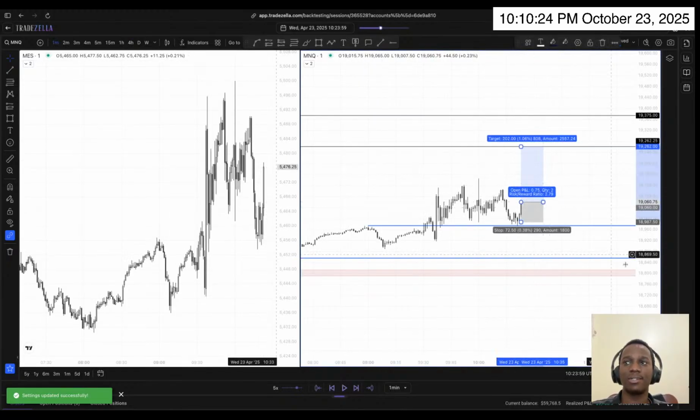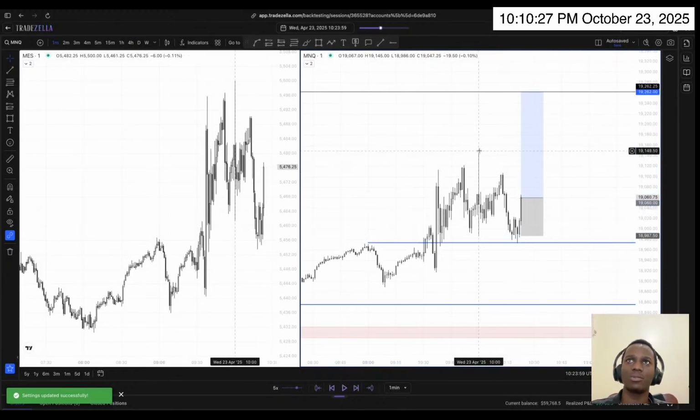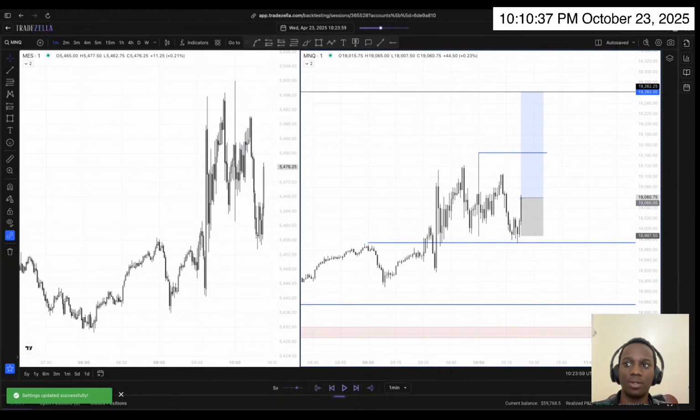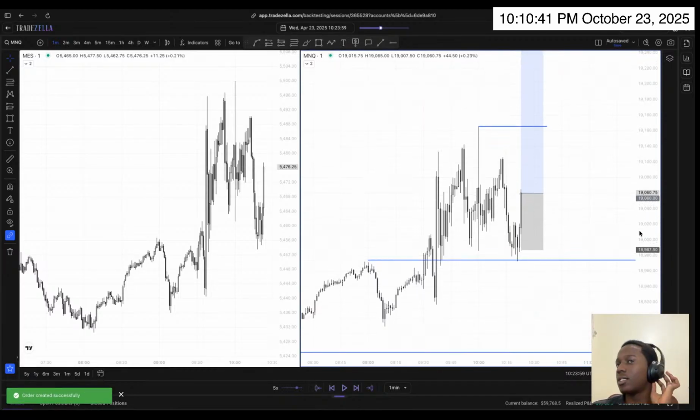I like to get the full high though. I think I'll close when we reach here actually. If we happen to. That's 72 times 2. 400 over 144. 3. That's 3. Let's see what happens.